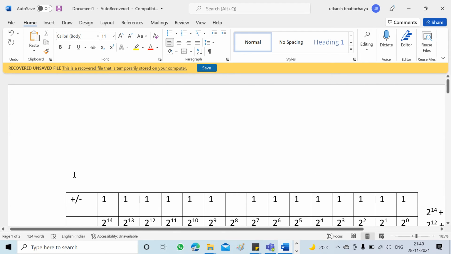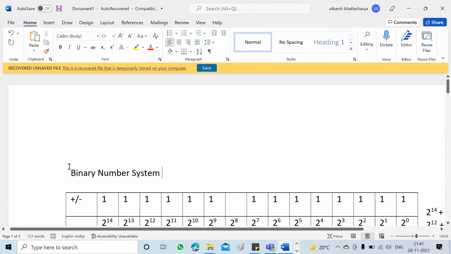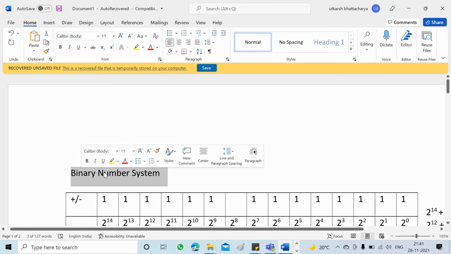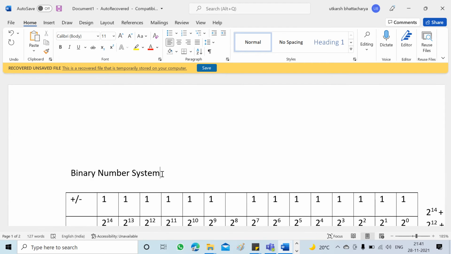So there are systems like the binary number system. This is the basic, most primary number system. This is the system in which the computer talks, and its components talk with each other. For example, when you turn on your power, the computer gets a number, and this system only has two values, 0 and 1.